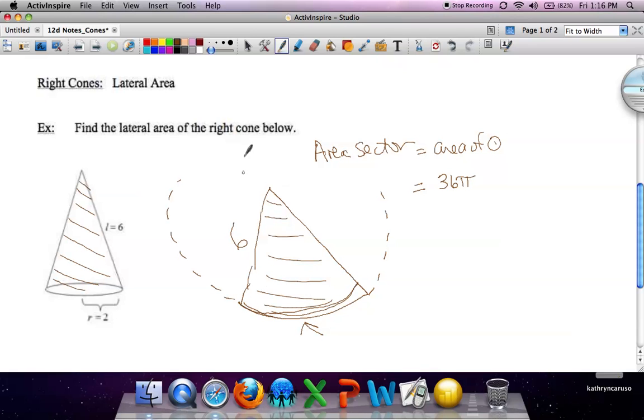This little arc here, maybe I'll do it in pink. Whoa, way too big. Undo.